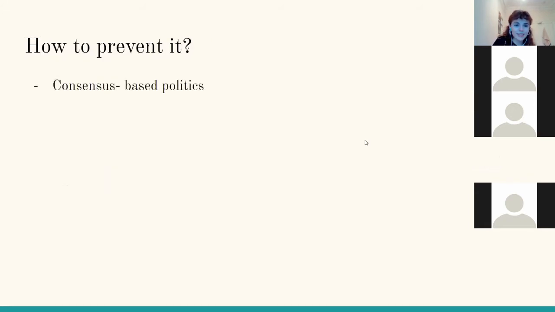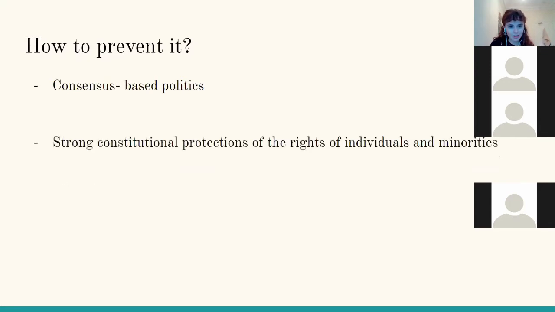Often through consensus-based politics, which we already talked about, and also strong constitutional protections of the rights of individuals and of minorities, which we also talked about, and also some decentralization of authority. This could look like having a federal system where geographic regions still have some level of autonomy. A really good example of this is the US, where a lot of the states have their own governments. They decide things like state-based tax structures.